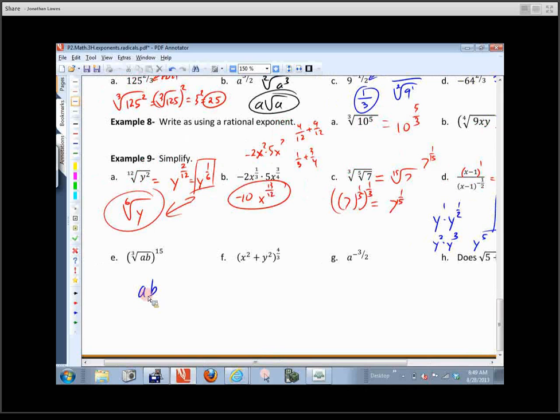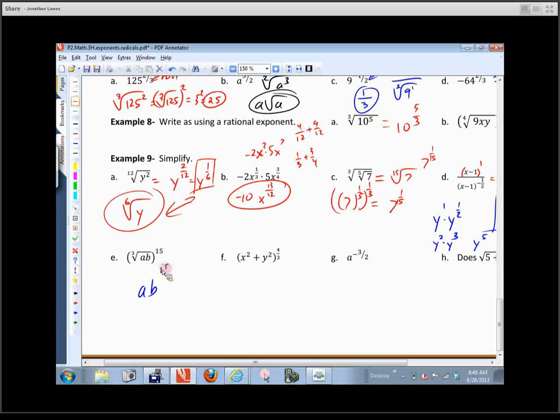AB. 15 on top because that's the exponent and that's the index. Ought to have parentheses on it. So that's AB raised to the 5th. And then you could just apply the exponent to both of those. It's the only thing you can do with this.